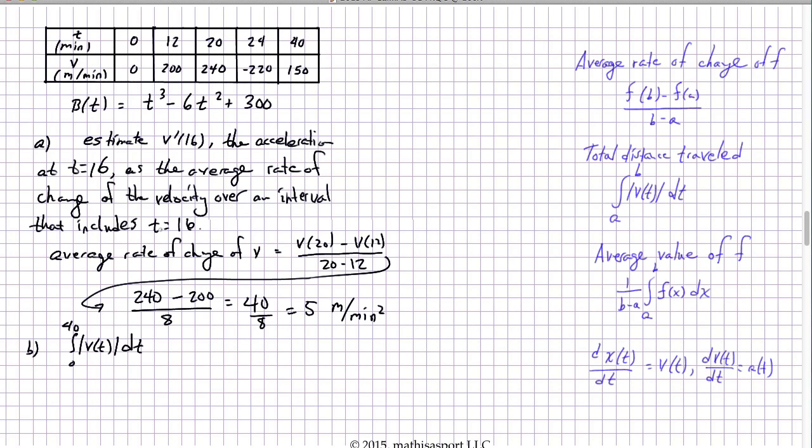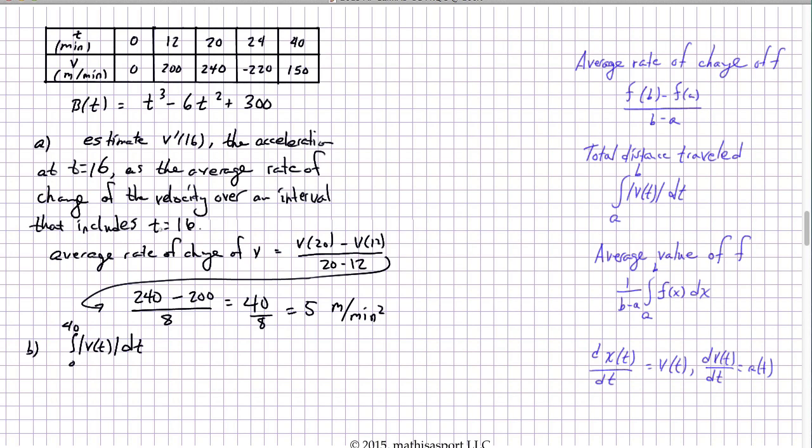And it's important that we recognize pretty much immediately that the absolute value of v of t, when we integrate that, gives us the total distance that some object traveled, because it records the change in position both as the object moves with positive velocity as well as the change in position as it moves with negative velocity, and adds together those net positive changes.